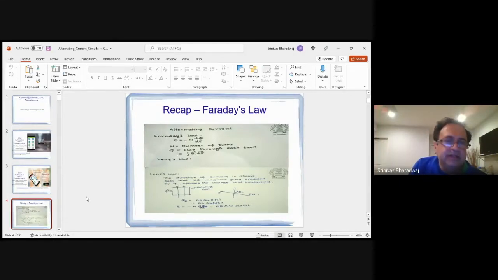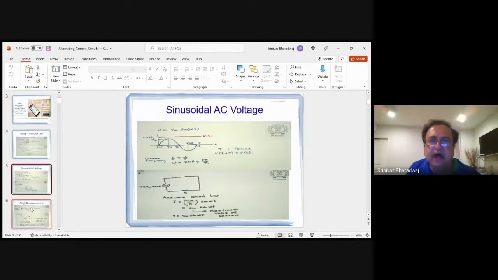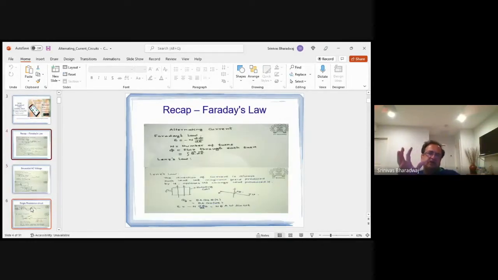So this is how we enter into the idea of a sinusoidally changing flux, and we will go back and look at how that flux is going to be sinusoidally changing. It then produces a sinusoidal current. This is the entry point into AC circuits.